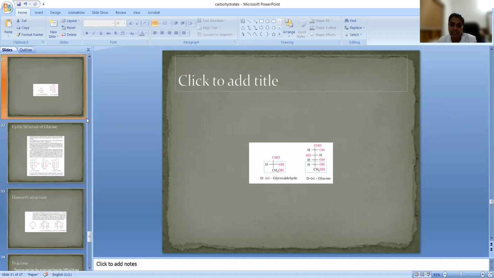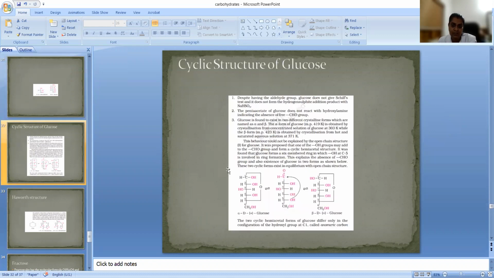So we understand the configuration of glucose also, that is D-glucose. Now, there are some cases, because we already know that there is an aldehyde group present in it, but some of the reactions of aldehyde we are not getting. Glucose does not undergo Schiff's test, it does not form the sodium bisulfite (NaHSO3) addition product, and also it will not give Schiff's test.